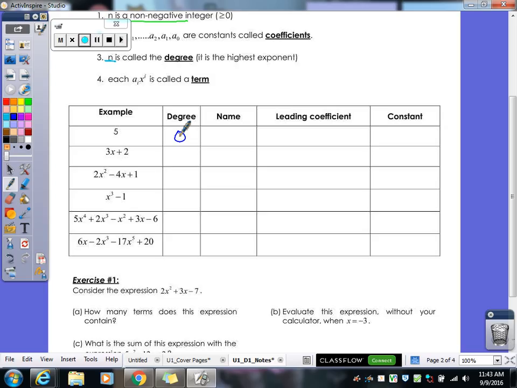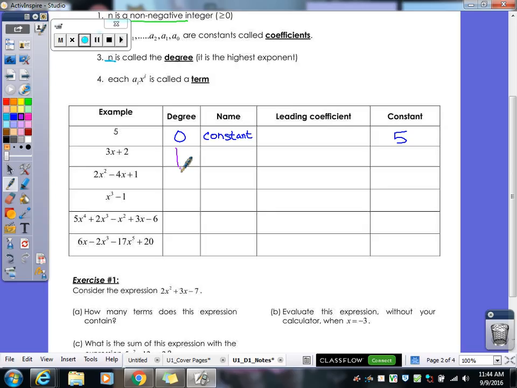So if you have a degree of 0, that's called a constant. There really is no leading coefficient here. And then constant is 5. So our next example, our 3x plus 2, what's the exponent here on the x? So 1, so this is a first degree.